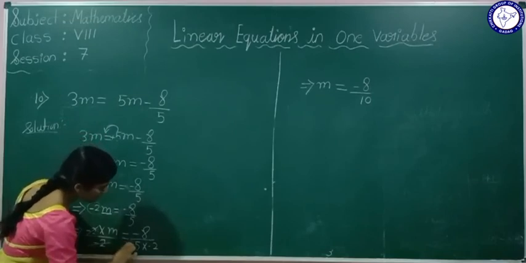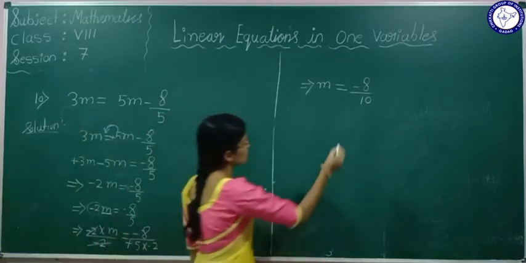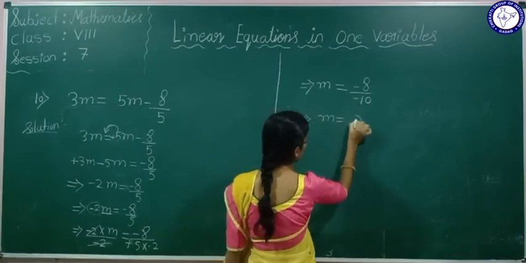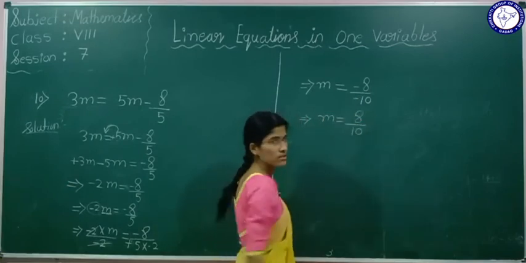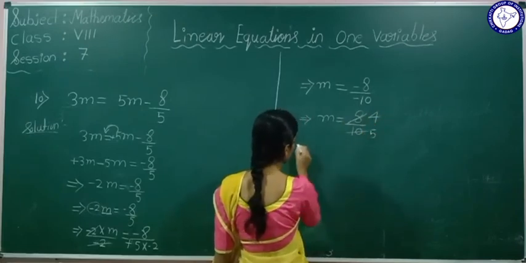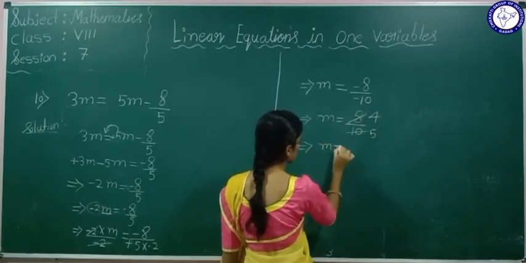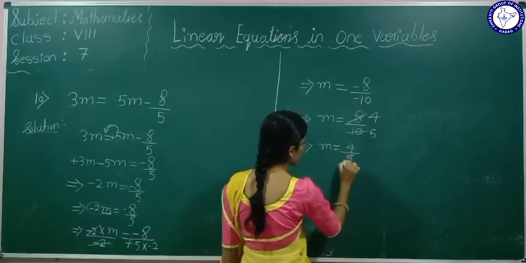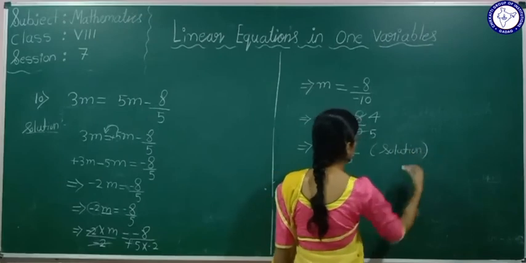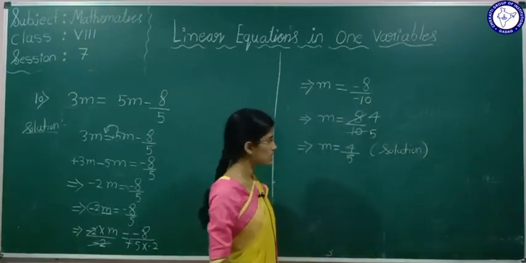Plus into minus is minus. This implies m is equal to 8 by 10. Okay. So 2 4s are 8, 2 5s are 10. So this implies m is equal to 4 by 5. So this is the solution.